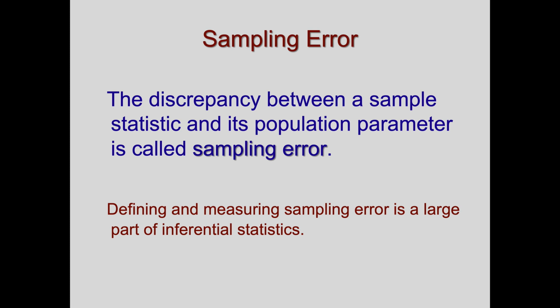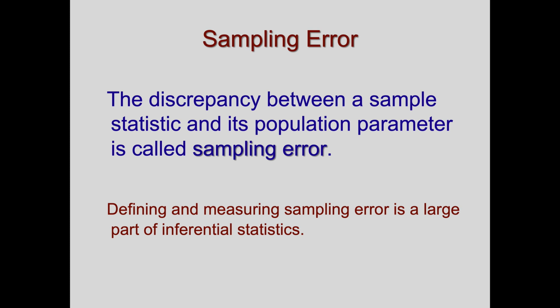The discrepancy between a sample statistic and its population parameter, remember parameters refer to the entire population, PPSS, is called sampling error. And that's why when we pull out that sample, it has to be very representative of the actual population. Defining and measuring sampling error is a large part of inferential statistics.